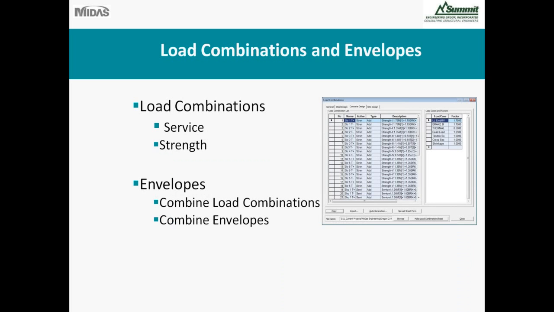For the load combinations, I did load combinations for both strength and service to check service stresses throughout the construction stages, and then also check ultimate strength. I set all these load combinations up in MIDAS, and then also combine the combinations into envelopes. For a quick check of what the ultimate strength or maximum service stress was, I also then combined my envelopes into envelopes.